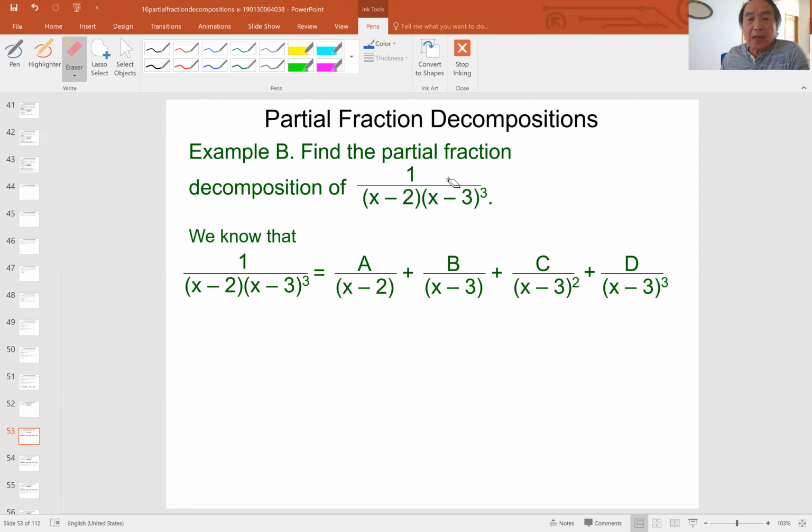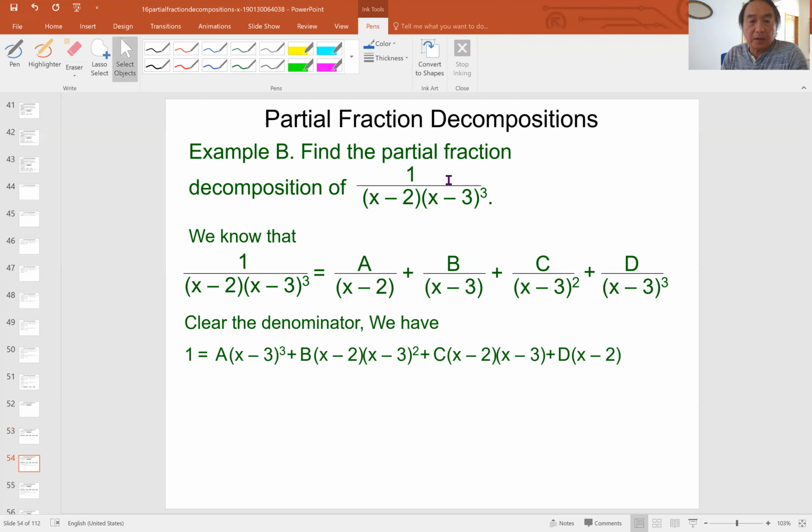Which one can I fish out? Let me clear the denominator first, so multiply by the denominator, and that's what I get. Then what number can I plug in to make things disappear? There are 2 numbers: one is plugging in 3, the other is plugging in 2.